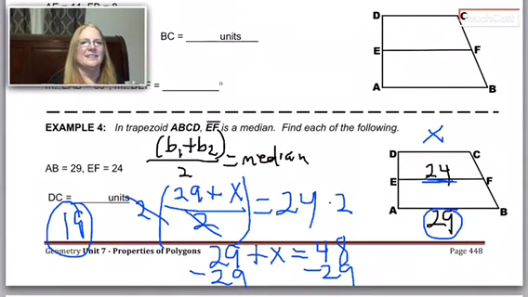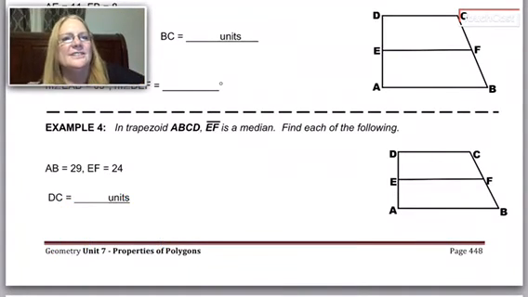Okay, I believe it's 19, but let me double check. Again, it's very early. 48 minus 29. Yeah, 19. Okay. All right, let's see.